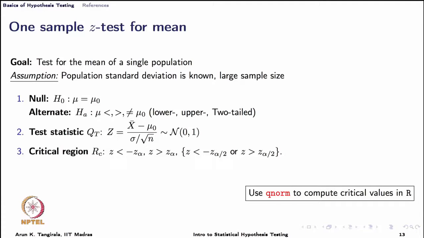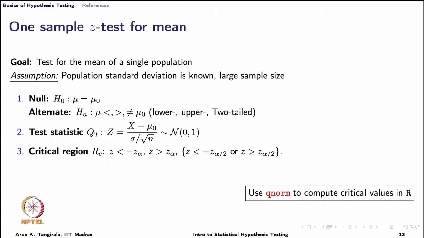The correct way of specifying is what parameter you are testing, how many populations, and then you can determine whether it is a Z test or T test depending on the assumptions that you are making. But some schools of thought believe that the moment we say Z test, the assumptions such as population standard deviation is known, large sample size automatically kick in. So, we will kind of stick to this convention in a half hearted way.